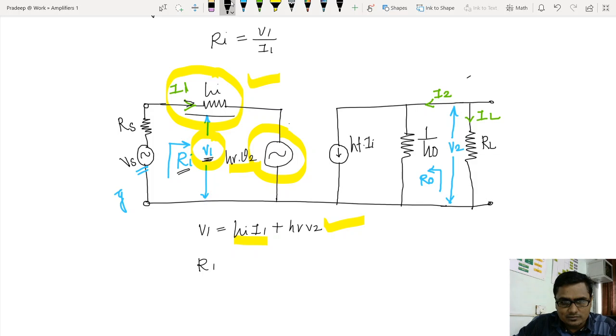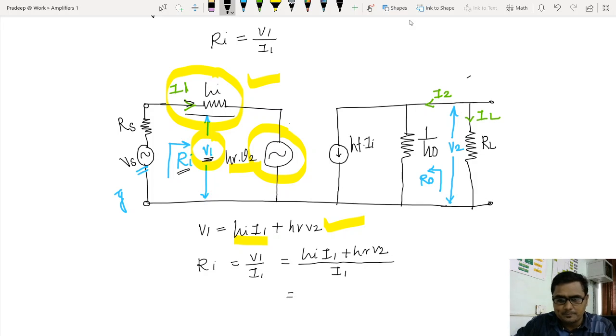But see, what is my intention? I want to find out the value of Ri, that is input impedance. So if I am interested in input impedance, then I must write V1 divided by I1. Now in this equation, I will put the value of V1, that is Hi multiplied by I1 plus Hr multiplied by V2, divided by the value of I1. Right. Now let me simplify this. Let me split this.